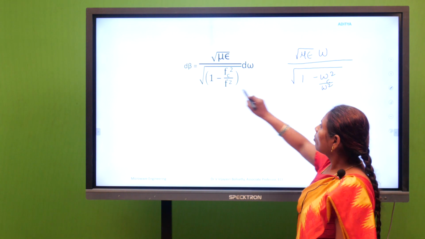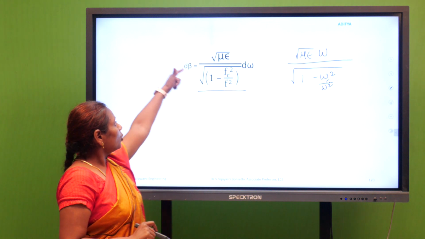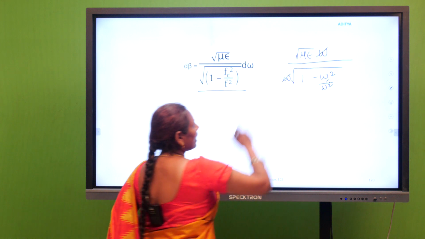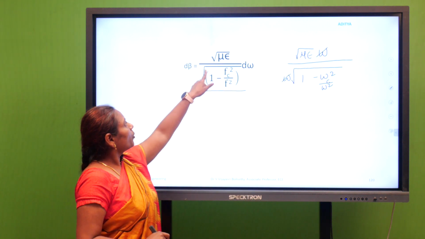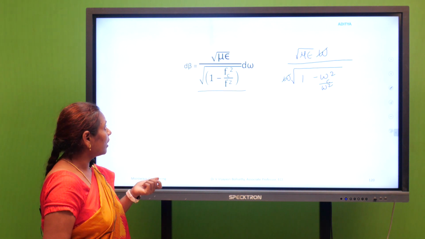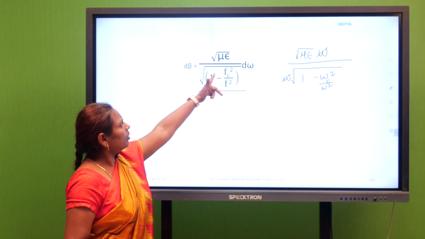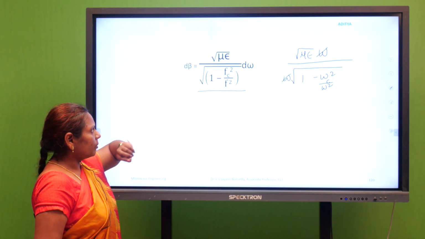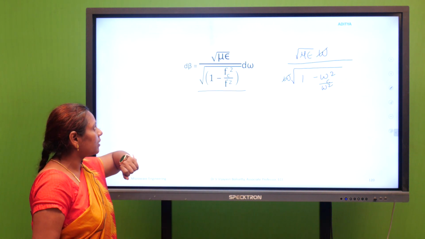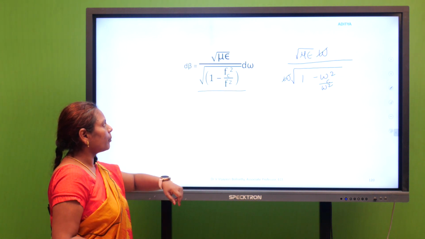So simply we can also write d beta is equal to root mu epsilon by root 1 minus f c square by f square d omega, and this omega gets cancelled. Also, we can invert f and f c while representing in terms of the wavelength. Okay. And let us substitute this d beta and d omega.